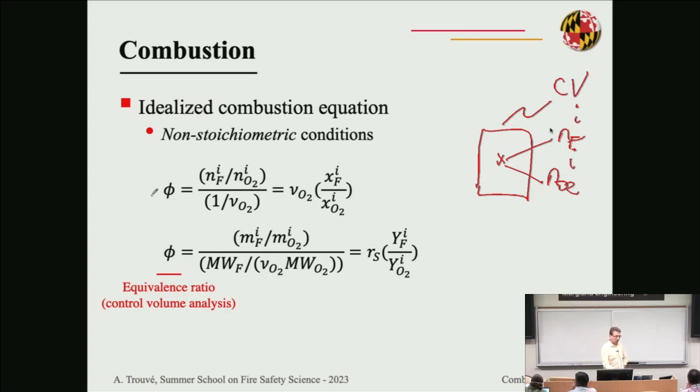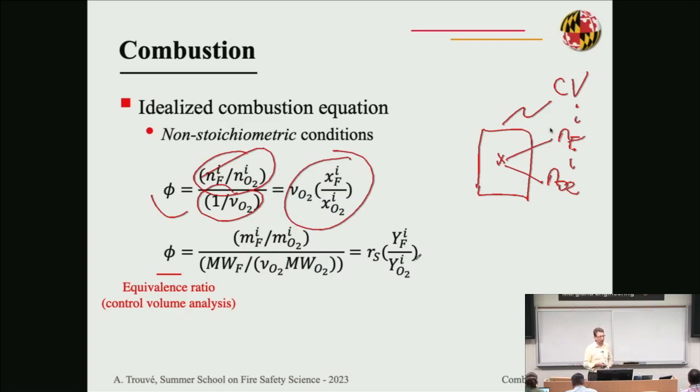So you can introduce the equivalence ratio, which is a non-dimensional fuel-to-oxygen mole ratio under those conditions prior to burning, made non-dimensional by the same ratio taken under the stoichiometric optimized condition. And that stoichiometry, in my notation, is 1/nu_O2. So this is basically a measure of the fuel-to-oxygen ratio, as a mole ratio or mass ratio, it doesn't matter, taken under conditions prior to burning.